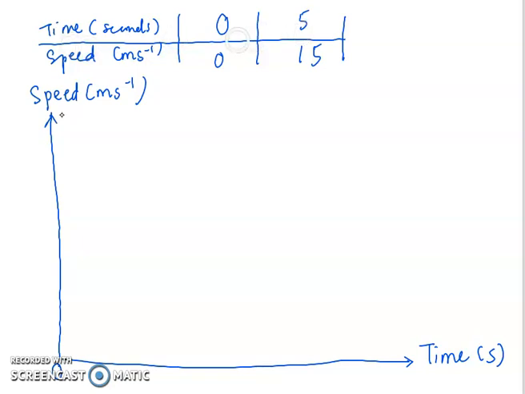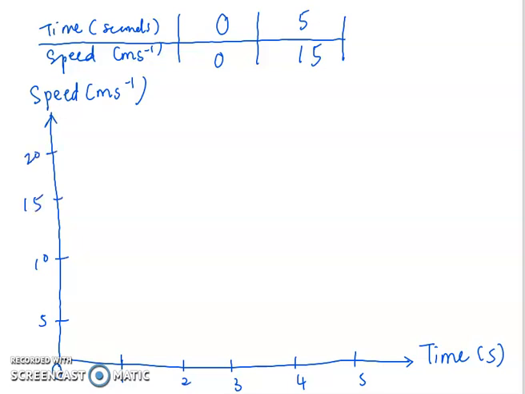For time, we have 0 to 5, so we can use 2 cm to 1 unit. So 1, 2, 3, 4, 5. And for the speed, it is 0 to 15, so we can use 2 cm to 5 units. So 5, 10, 15, 20.